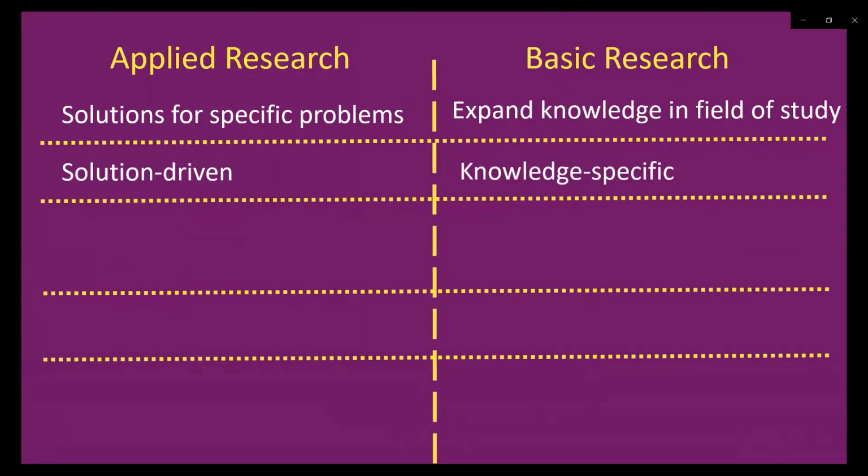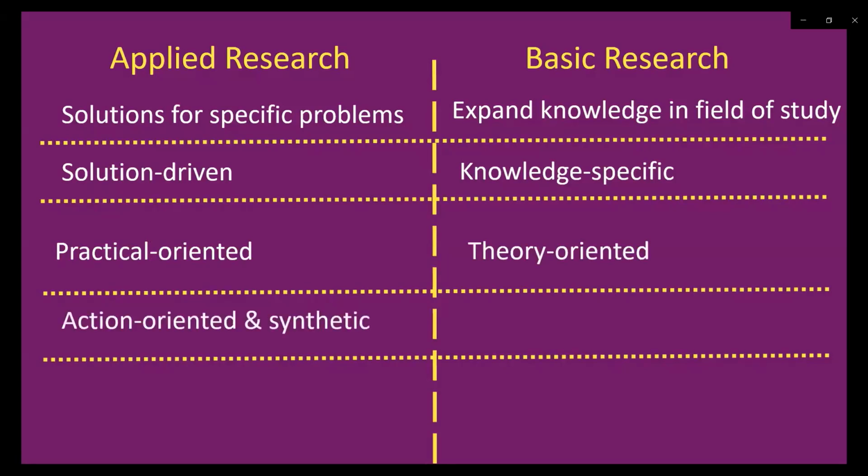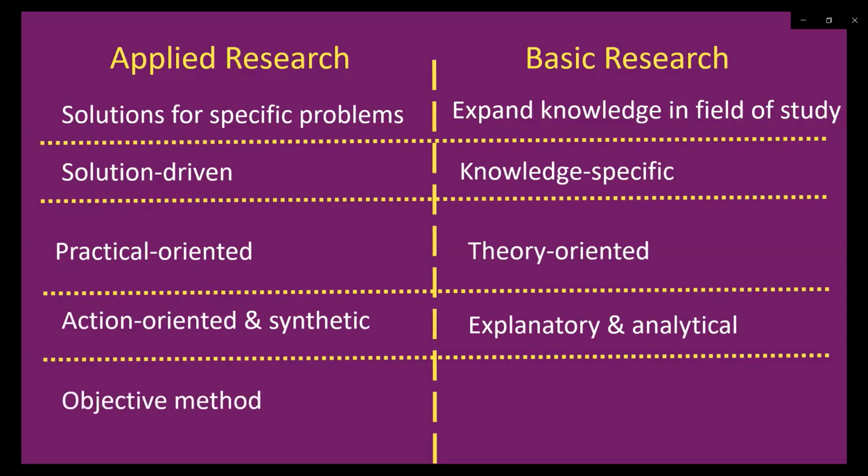Applied research is primarily defined by its focus on providing a practical solution to a defined problem, while basic research is primarily defined by its focus on expanding knowledge. In other words, applied research is practical-oriented, and basic research is theory-oriented. Applied research is action-oriented and synthetic in nature, while basic research is explanatory and analytical in nature. Applied research is an objective method of inquiry. Basic research is somewhat subjective in its approach.